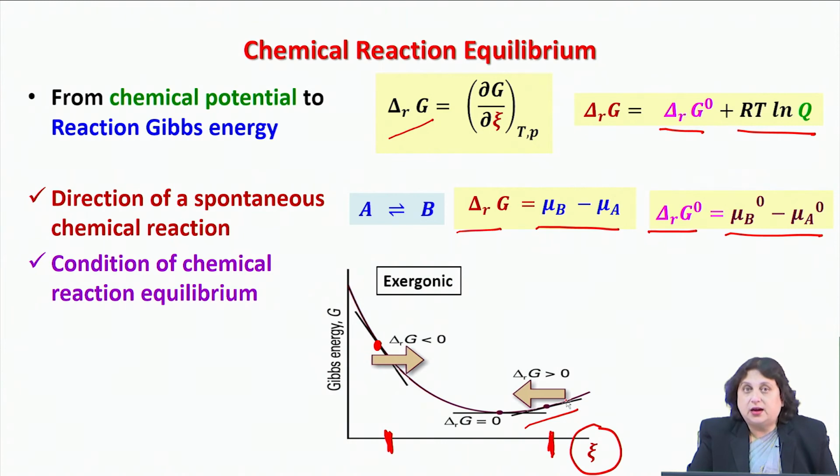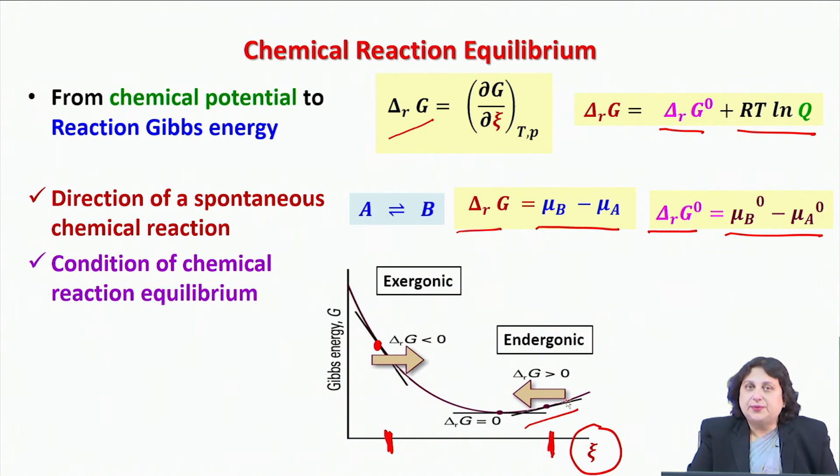Therefore, you can argue that here the reverse reaction, that is the conversion of B into A, will be spontaneous because it is in that direction that the Gibbs free energy decreases. Such reactions are known as endergonic reactions, where the reverse reaction is feasible and the forward reaction is not spontaneous. As you understand, work needs to be done by the surroundings on the system to carry out this reaction.